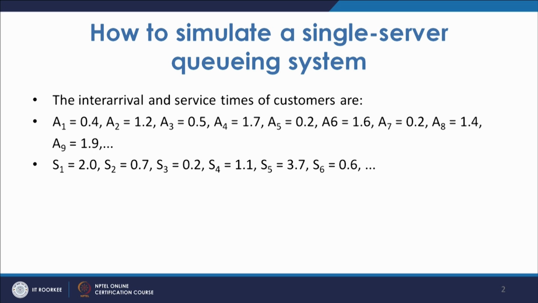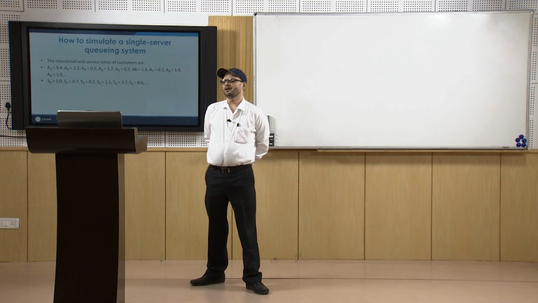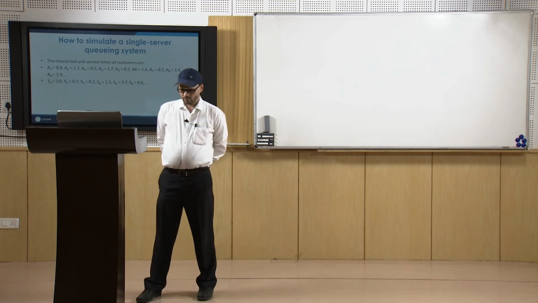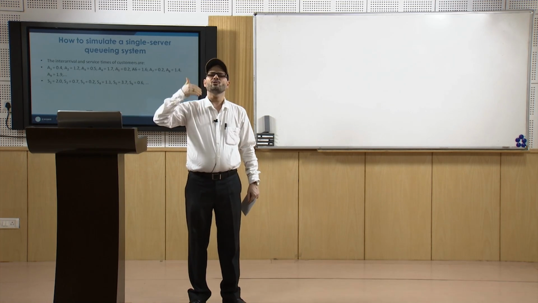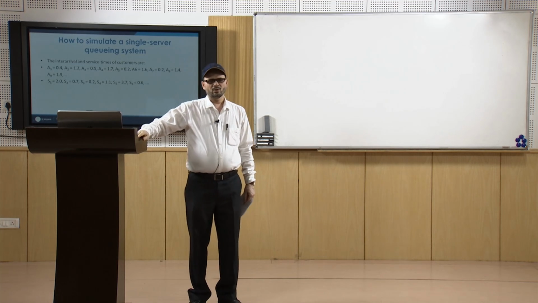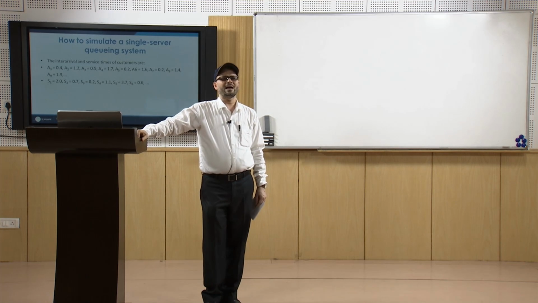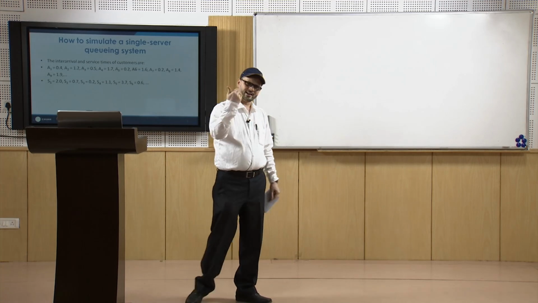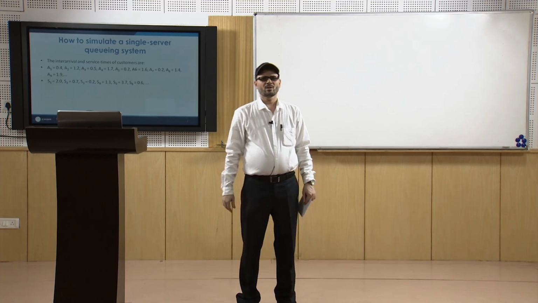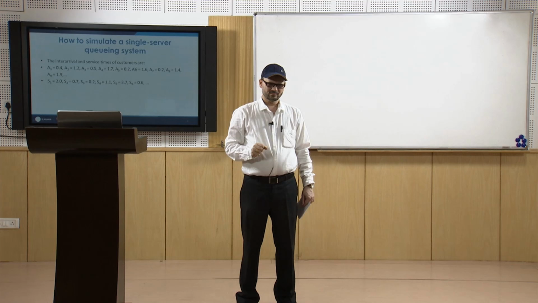Now, in the computer, one is the system, what the system is telling. You will have system states, which will tell how many persons are there in the system, how many arrivals are there.